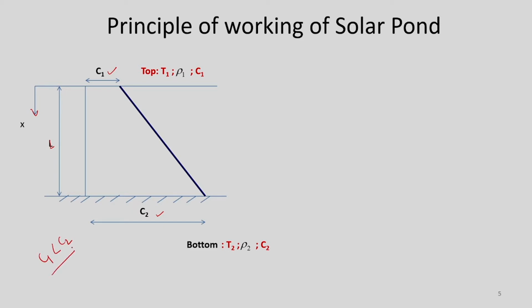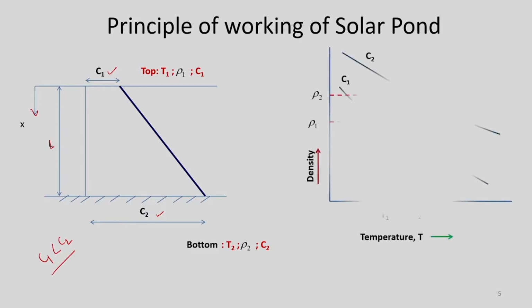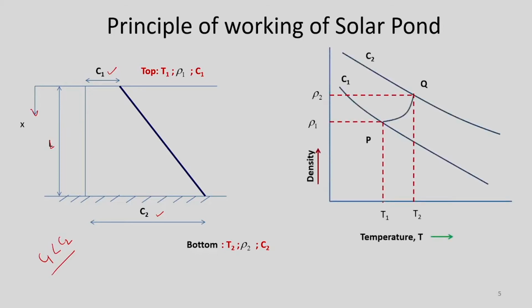This is the concentration of brine. Now, if I am interested in seeing the variation of density and temperature at these concentrations, how will it look? It will be something like this. The vertical axis shows the density and the horizontal axis shows the temperature variation. C1 is the concentration for the top layer and C2 is the concentration for the bottom layer.